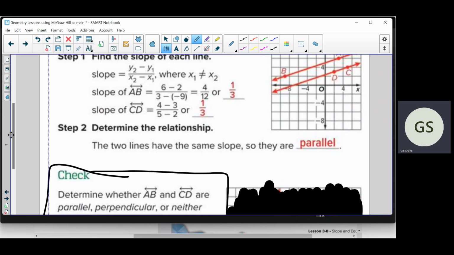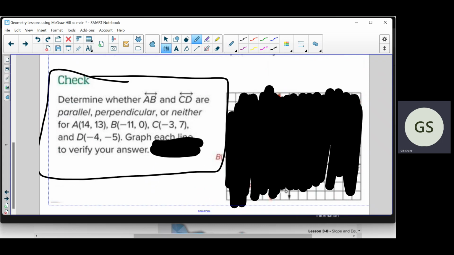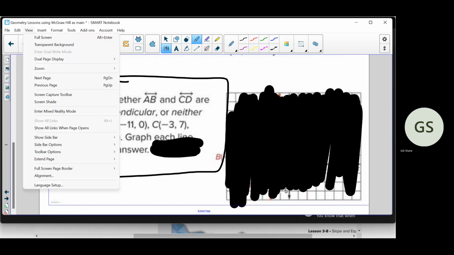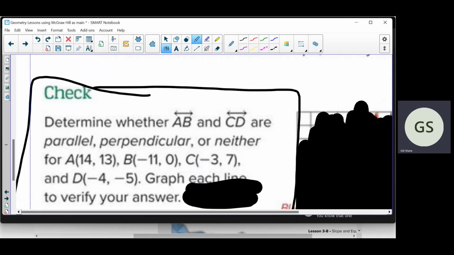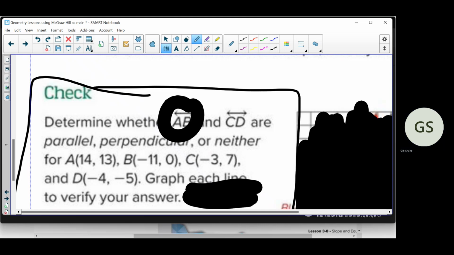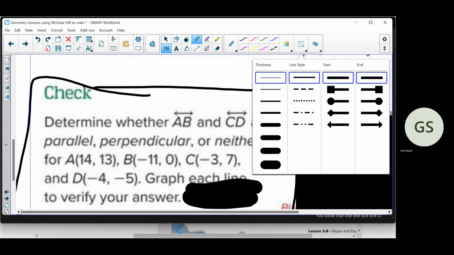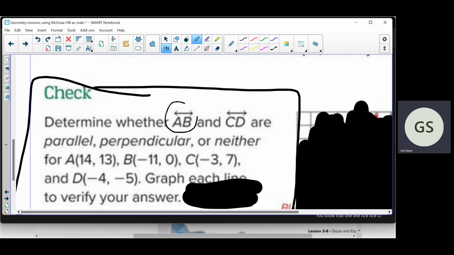So they just gave us this information, no lines on a graph. You can put the lines on a graph if you want. You know that one line, AB, is made up of this point and this point.